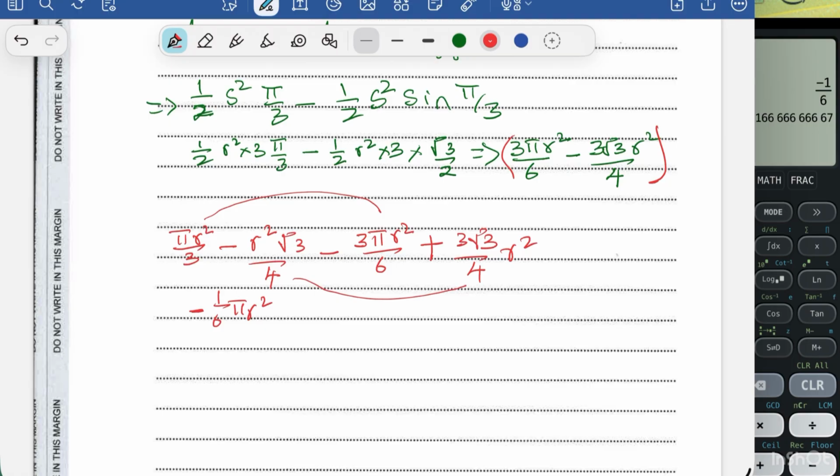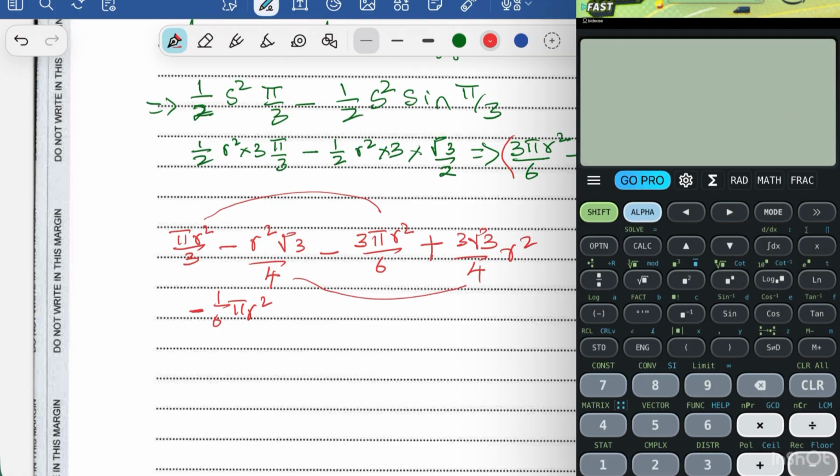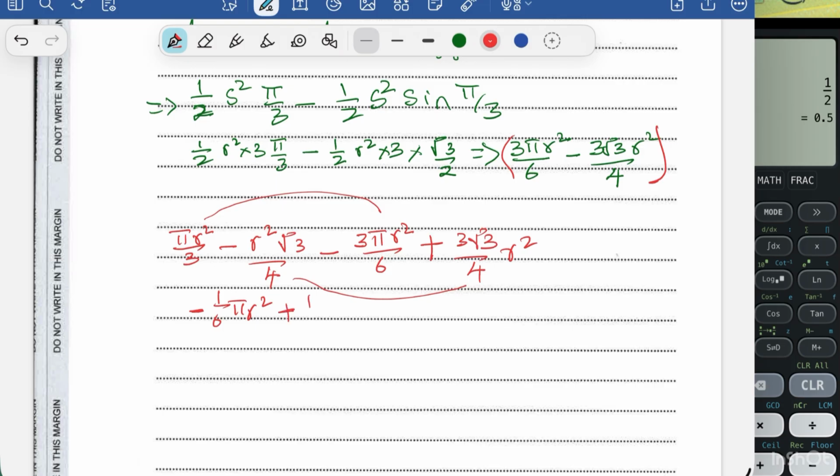Then for the other one, minus 1 by 4 plus 3 by 4, so plus 1 by 2 root 3 r squared.